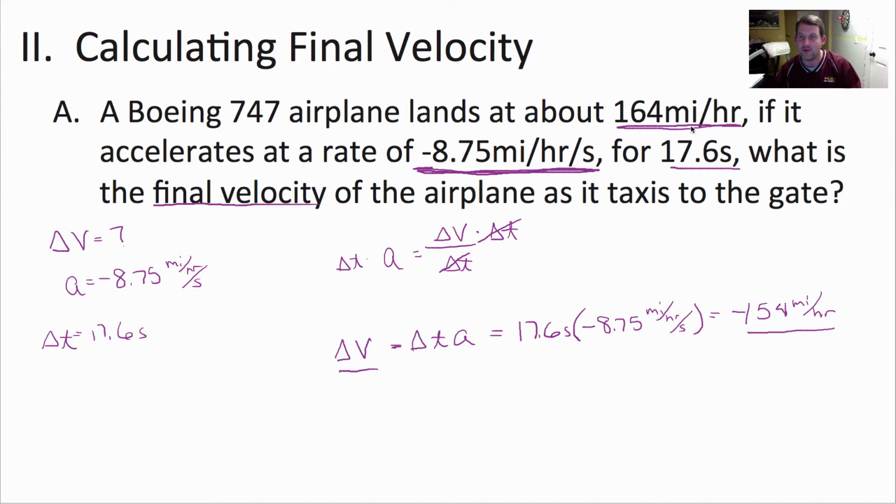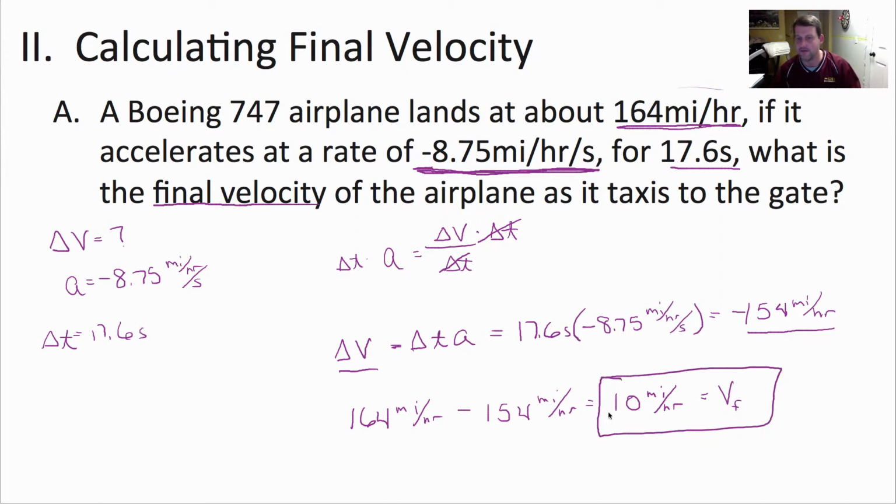So to find our final velocity, we simply take where we started out at, 164 miles per hour, and then we lose 154 of those miles per hour. So we take 164 miles per hour minus 154 miles per hour, and we find that we're left with 10 miles per hour, and that is equal to v sub f, the final velocity.